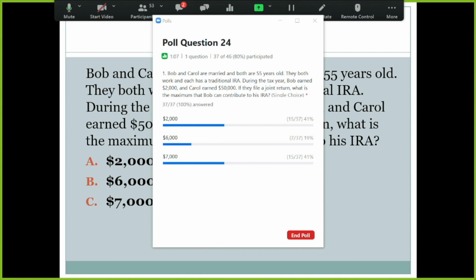Okay, we'll go ahead and end the poll. And I'll share the results. We didn't do too well on the responses. And let me explain it a little bit more.